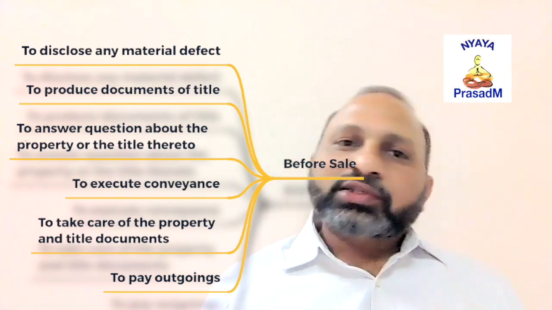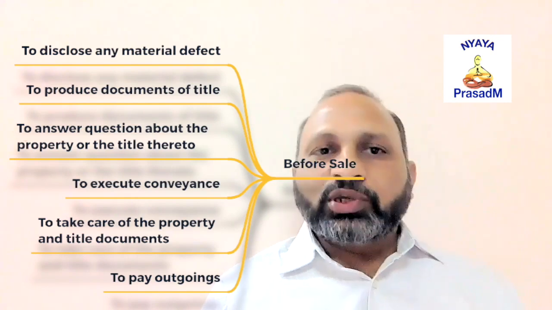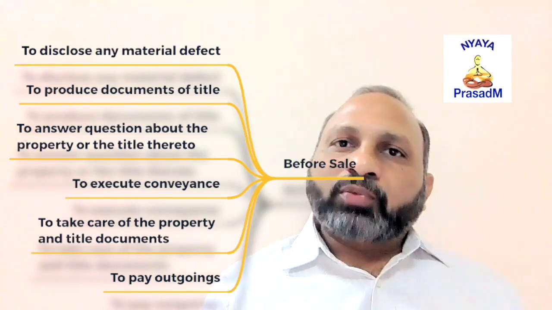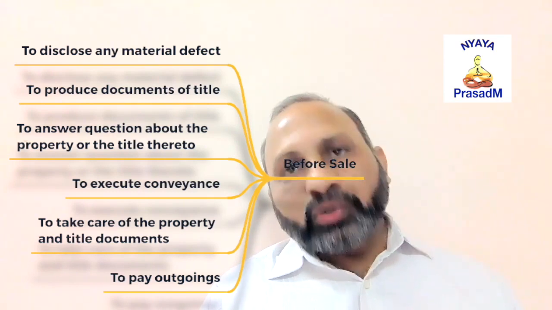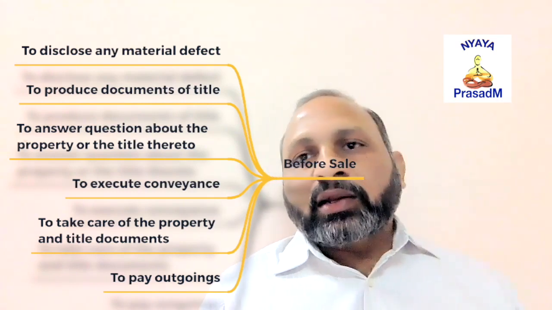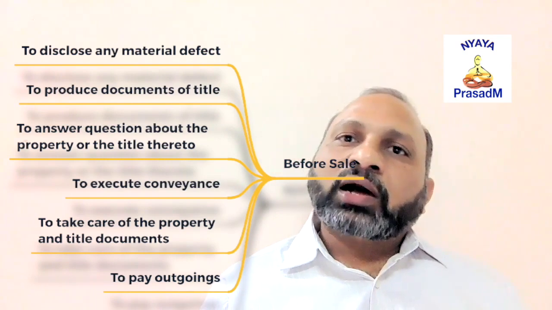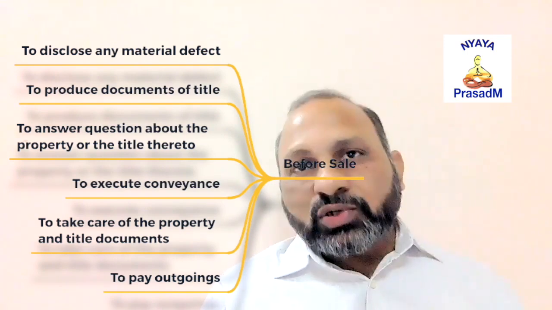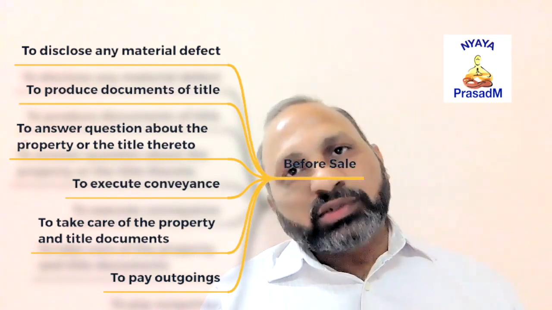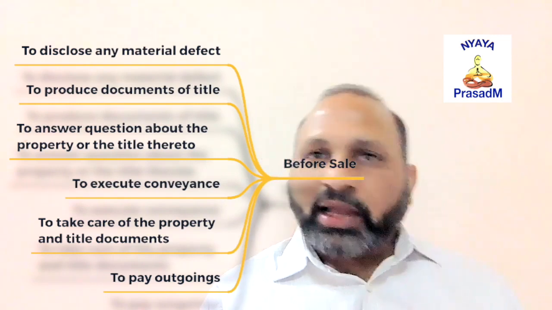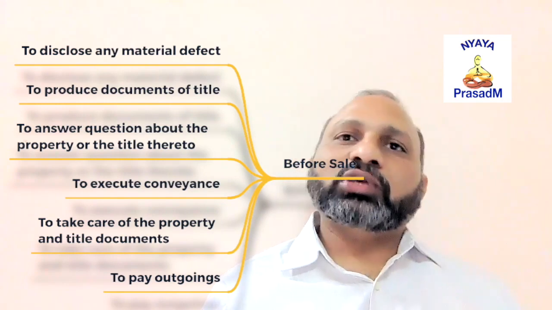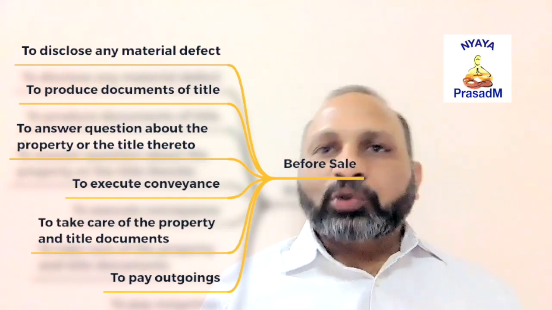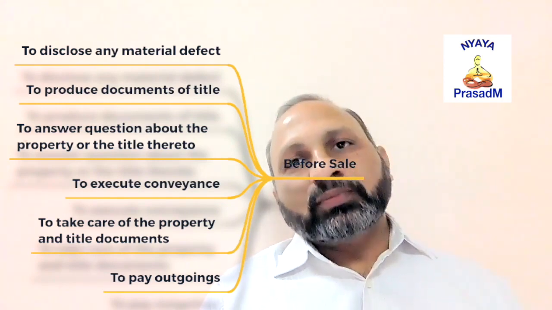Now, the next duty is to take care of that property until it is handed over to the new owner. And the last one is to ensure that any outgoings, such as property tax or any other government payments pending on this particular property, are paid by the seller.